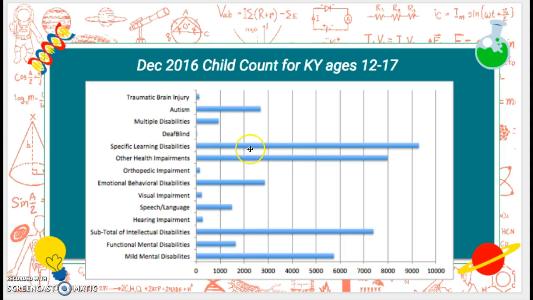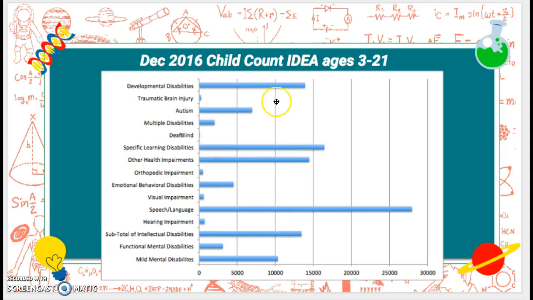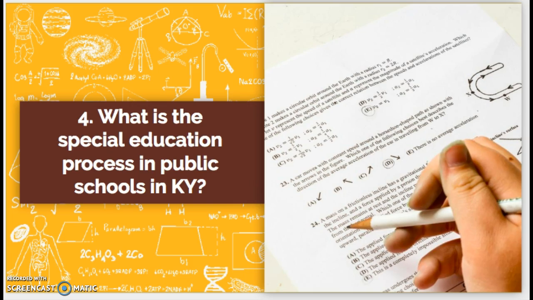So the data really starts changing over time. Again, EBD starts growing in size, more students receiving those services, and more students receiving services for specific learning disabilities. So over time, you'll see across the state of Kentucky, students receive services across all 14 categories of disabilities, and they must meet specific eligibility requirements in order to receive special education services.